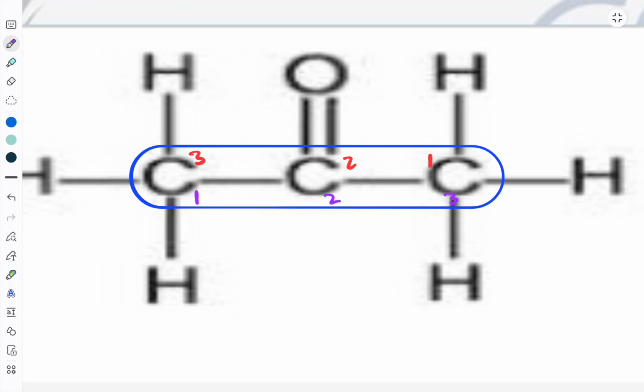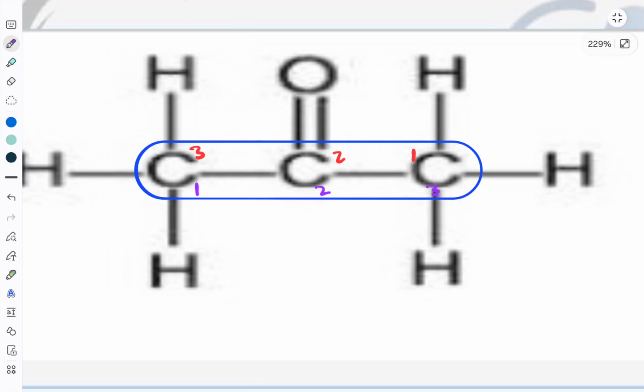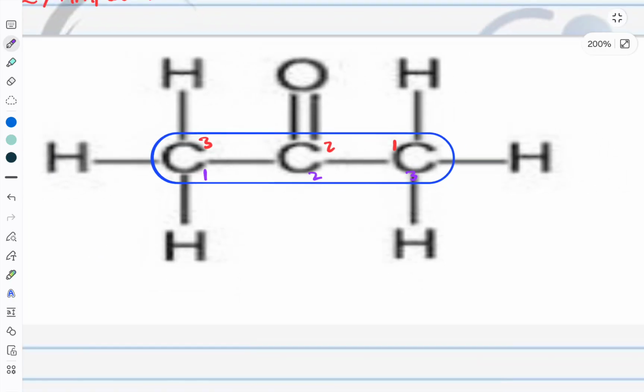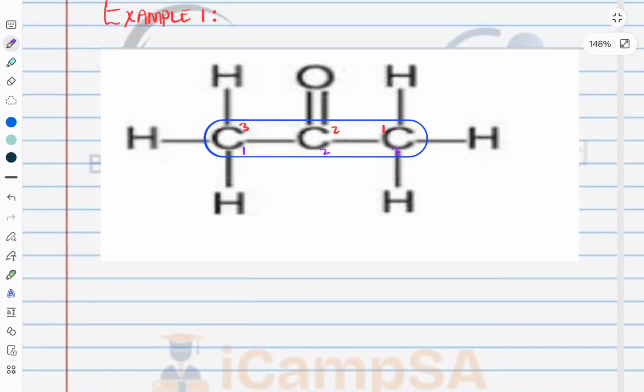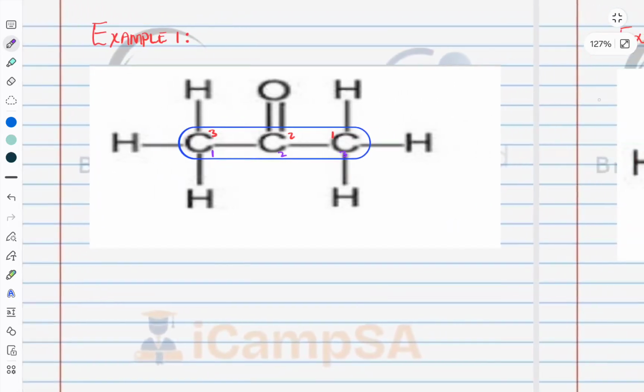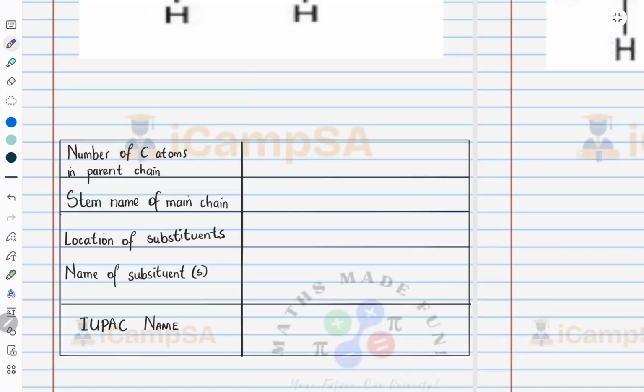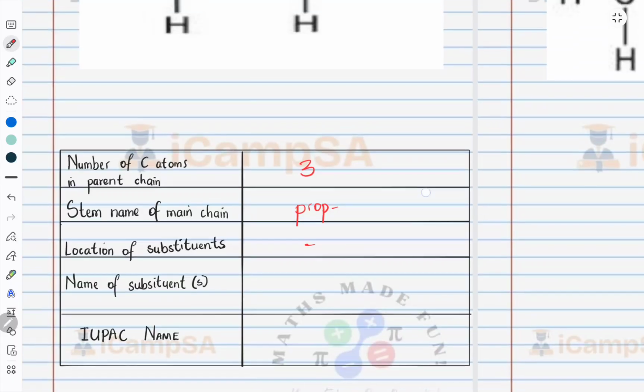So that's one of the reasons we don't really mention the location of the functional group here in the final IUPAC name. Okay, so let's bring our table so that we'll use it going forward, the table that we use to name our organic compounds. All right, so if we fill this table, number of carbon atoms is 3. Stem name of the parent chain is prop. And then the location of substituents, we don't have other substituents.